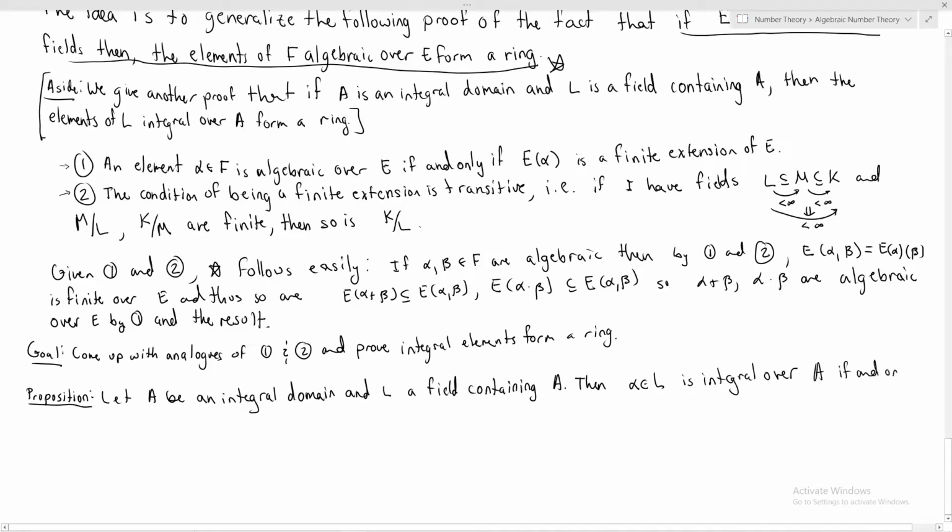If and only if... okay, so again, I look at what happens if I look at A adjoint alpha. This time, rather than the field generated, I'm going to look at just the ring generated by alpha.